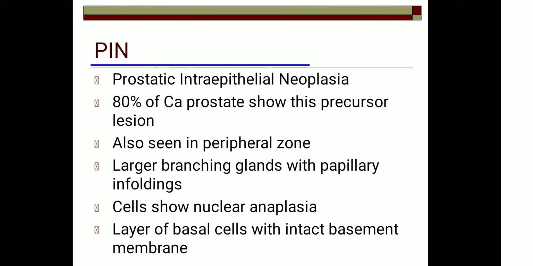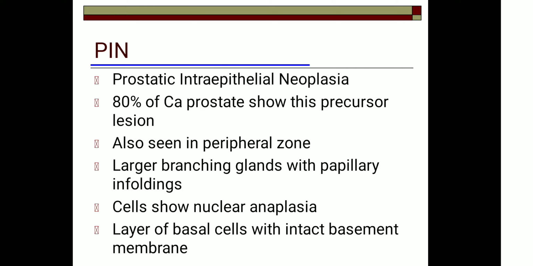Now another entity in prostate is known as PIN. Okay, PIN is nothing but a prostatic intraepithelial neoplasia. So just as in your cervix, that is cervical intraepithelial neoplasia, this is also a proliferation of these cells within the prostatic gland. And this is a premalignant condition.